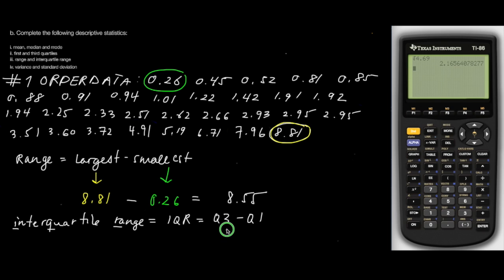So our 75th percentile minus our 25th percentile, which in this case we've already computed. So we simply write them down again. So it's going to be 3.51 minus 0.94, and this gives us a total of 2.57. Okay, so there you have it.